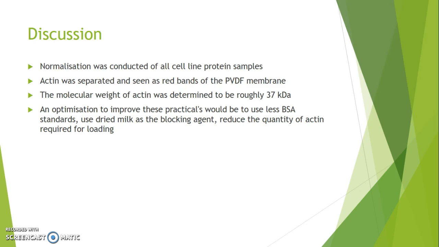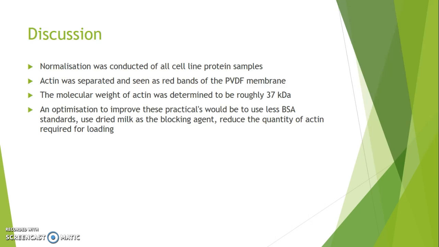Discussion. The normalization was conducted of all cell line protein samples. Actin was separated and seen as red bands on the PVDF membrane, and it was determined to be 37 kilodaltons in molecular weight. An optimization to improve these practicals would be to use fewer BSA standards, as the higher concentration skewed the results of the standard curve, so they had to be removed to obtain a more linear representation, which was required to perform the normalization step.